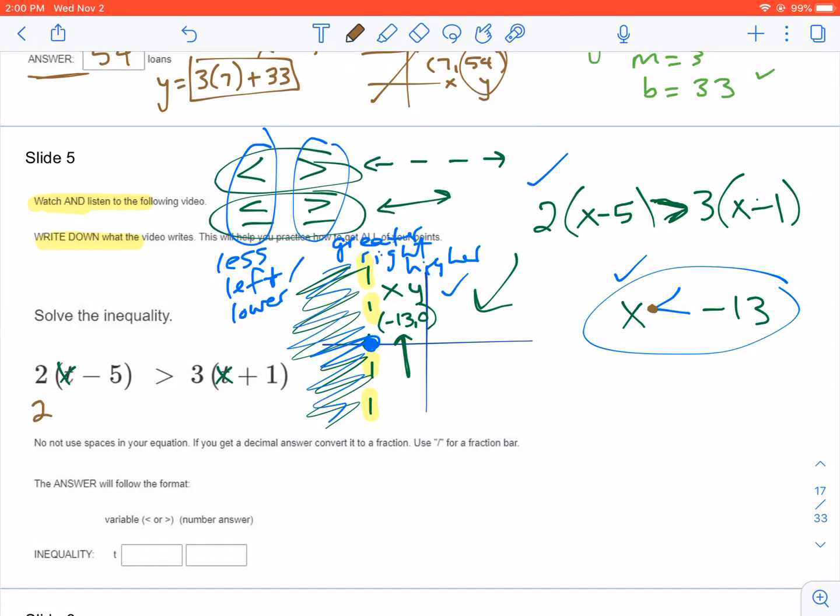You plug it in, and we're going to see if one side is bigger than the other, going back to the original. So we can go type that in.